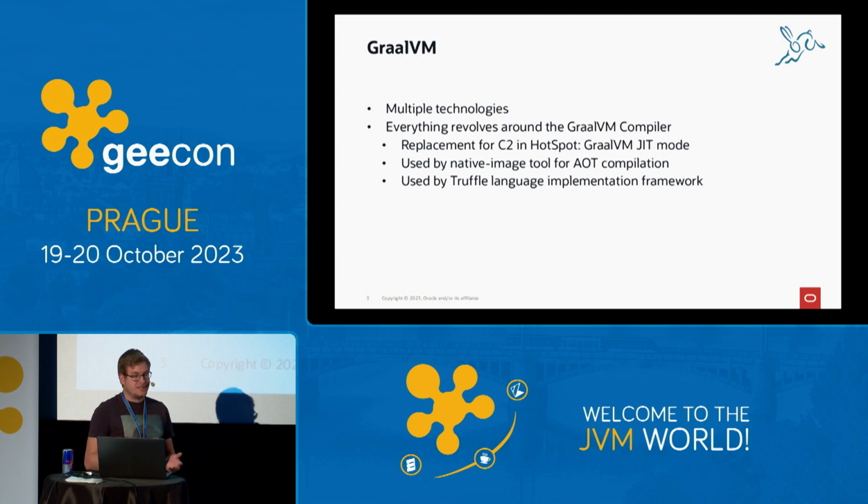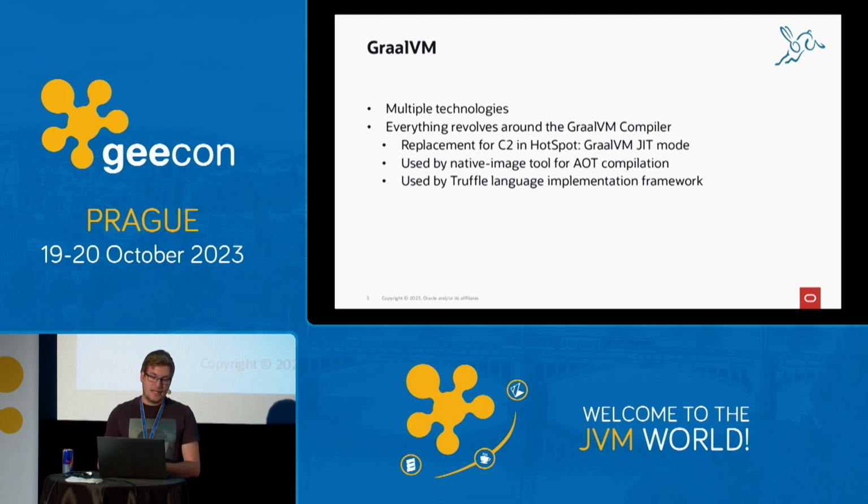But GraalVM really is a set of multiple technologies, and all of them revolve around something that we call a GraalVM compiler, which is a compiler that takes Java bytecode as an input and spits out native machine code. This GraalVM compiler can be used as a replacement for the C2 server compiler in the HotSpot JVM.